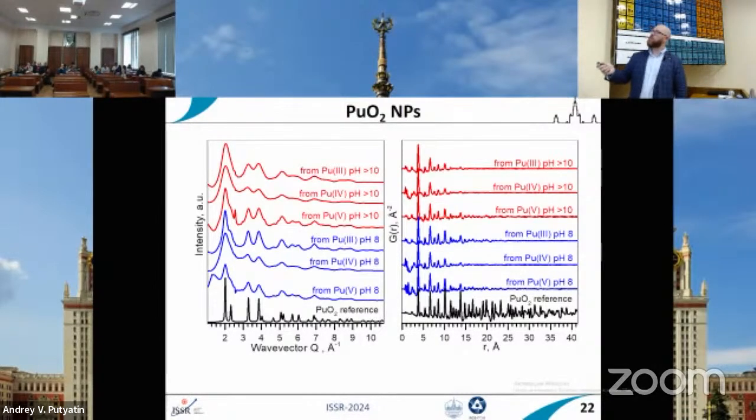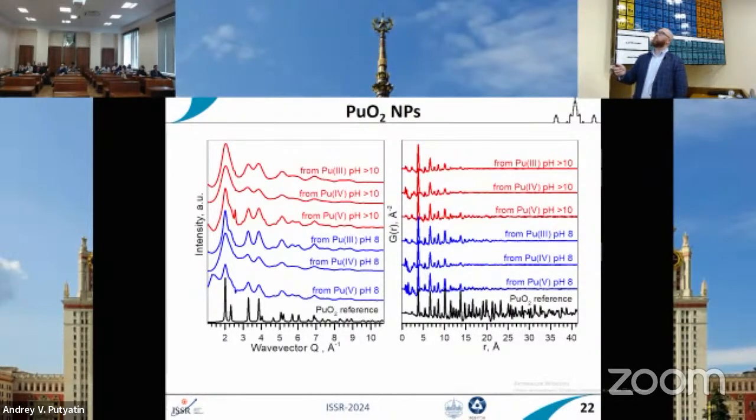But using X-ray absorption spectroscopy, we can see that the very local structure of plutonium is the same as for the plutonium dioxide reference.